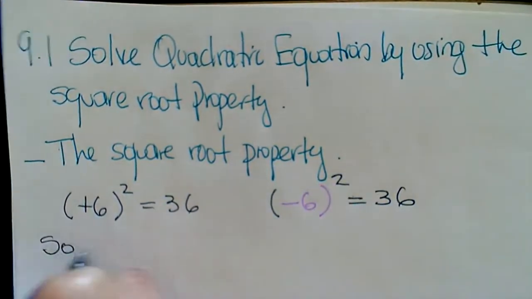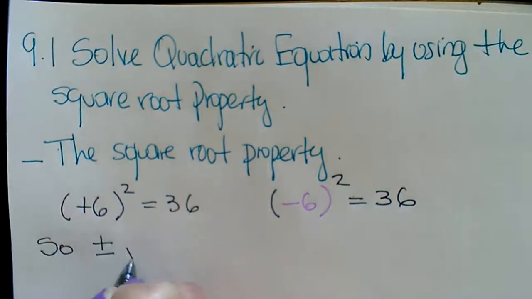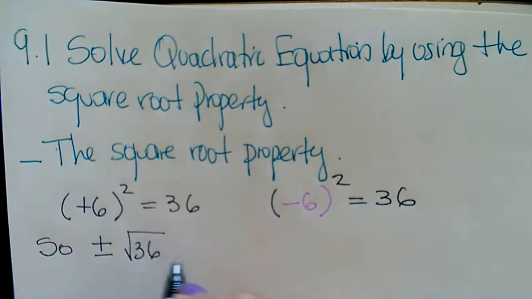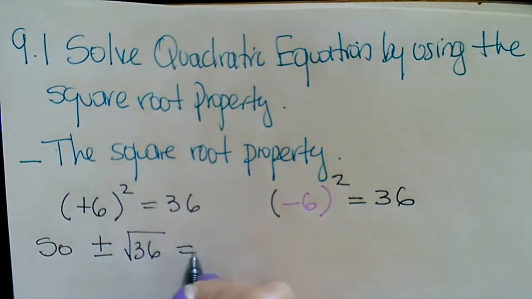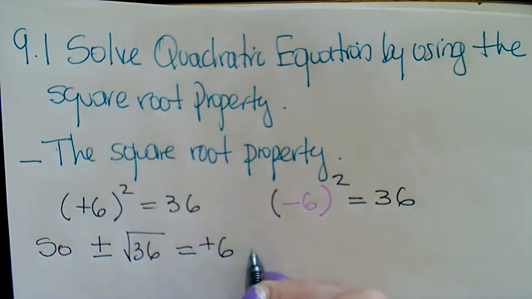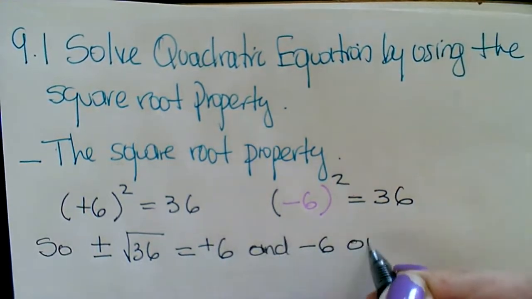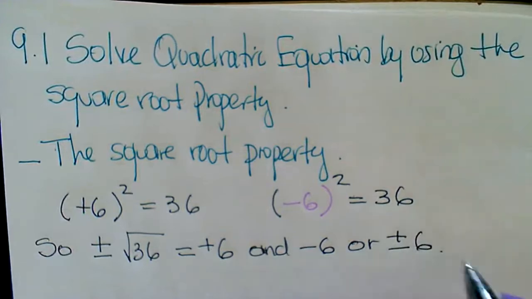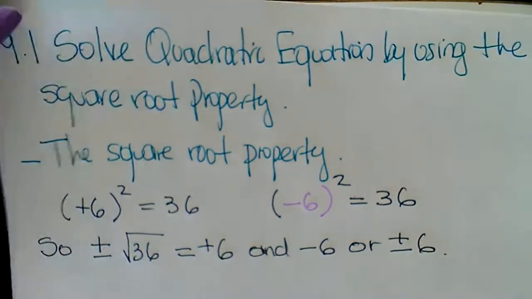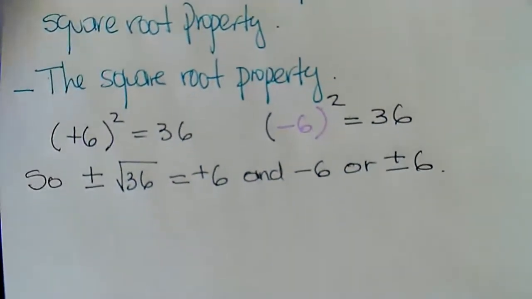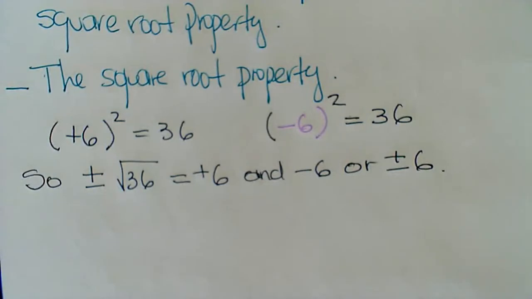So plus and minus the square root of 36 is equal to what? 6, positive and negative 6, or we could say plus and minus 6. So now we're going to find a square root using a different process.